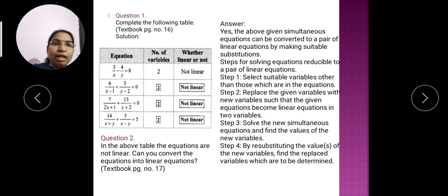Second, replace the given variable with a new variable such that the equation becomes a linear equation in two variables. After choosing the variable, substitute in the equation, you will get the linear equation. Then solve by the elimination or substitution method. After that, you will get the value of the new variable. But you want the value of whatever variables are given in the equation. Then again you have to substitute the original variable and you will get the answer.